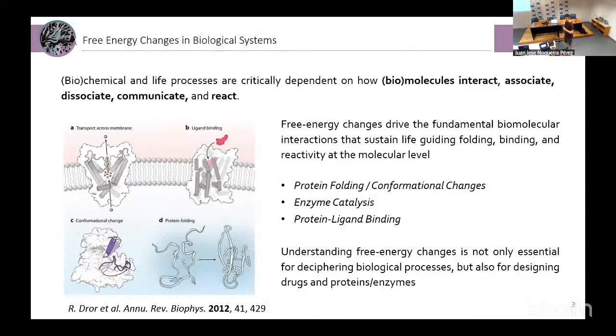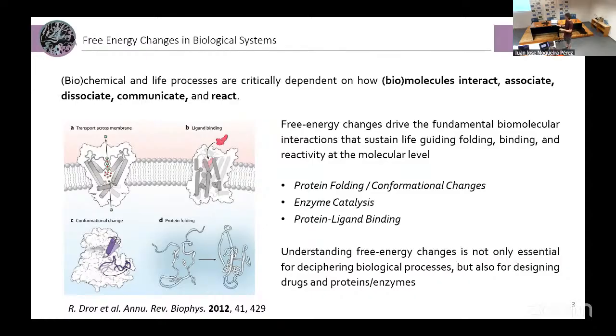Okay, so now we are going to focus more on biology or biochemistry or whatever we want to call it. So if we think about biomolecules, so biomolecules are constantly interacting, associating, dissociating. In some cases, when the biomolecules interact, there is a reaction. Okay, so there are several things that happen.